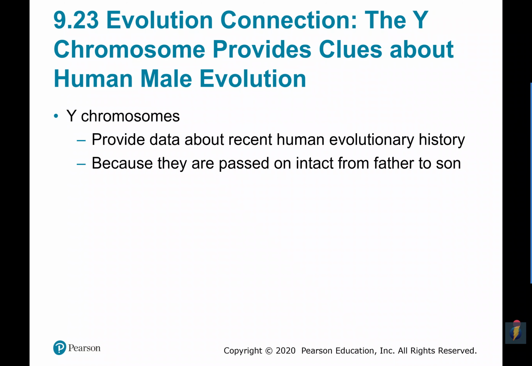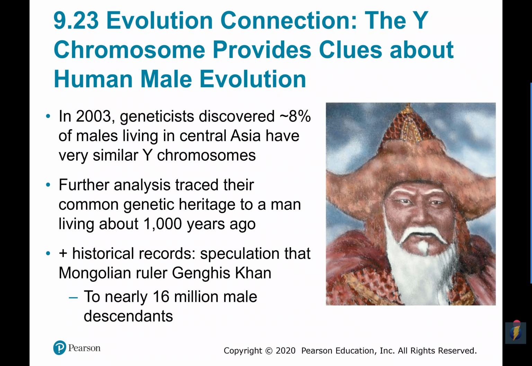They did a study back in 2003 where they collected DNA from a whole slew of people all over Central Asia, and they discovered about 8% of the people in this part of the world have a very similar Y chromosome.